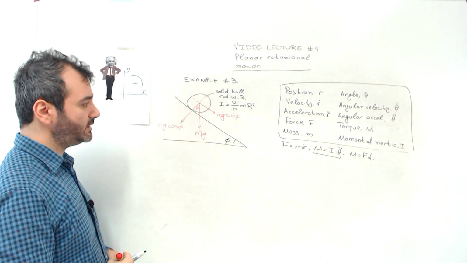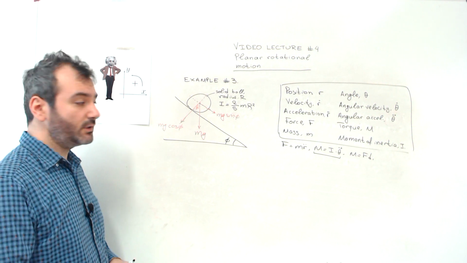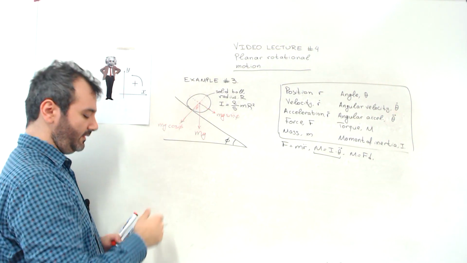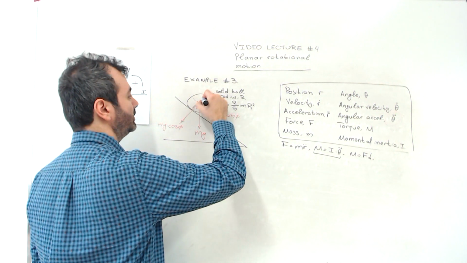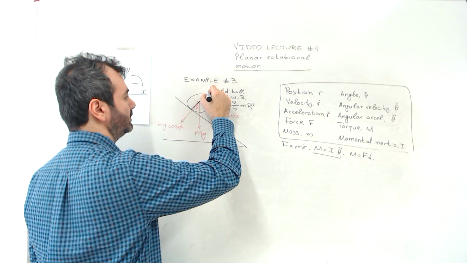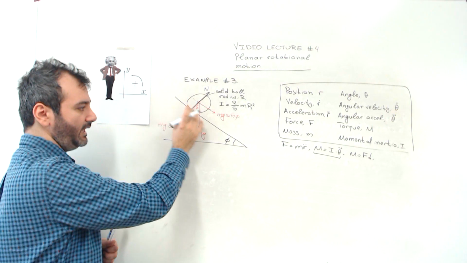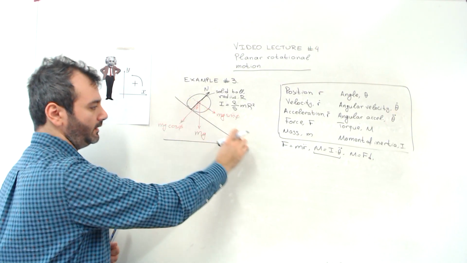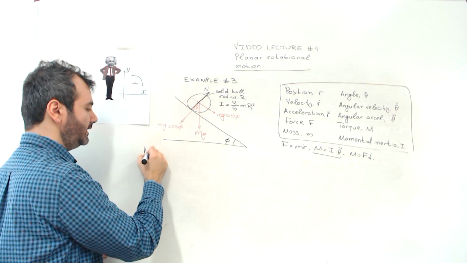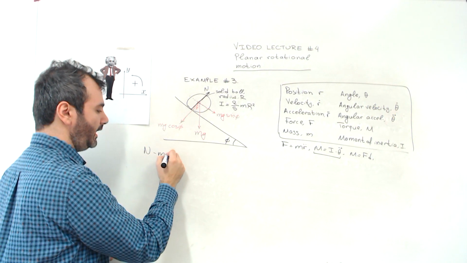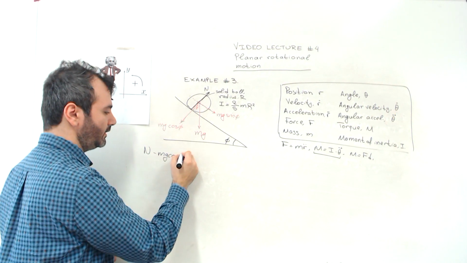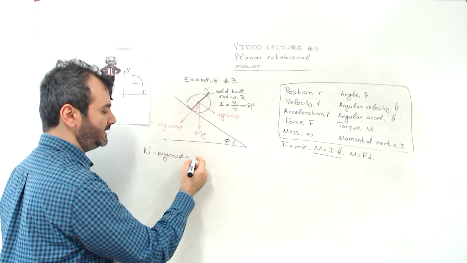Any other forces? Well, of course, there is, this is the action and this is the reaction. Let us call it N, which makes the ball stay on the plane, because this N minus mg cosine phi is equal to 0.